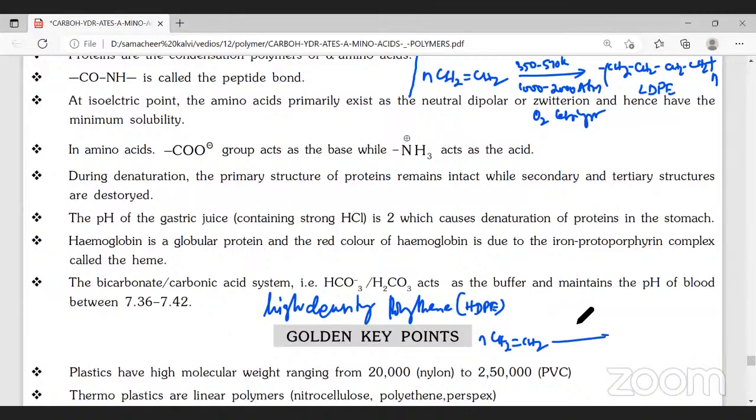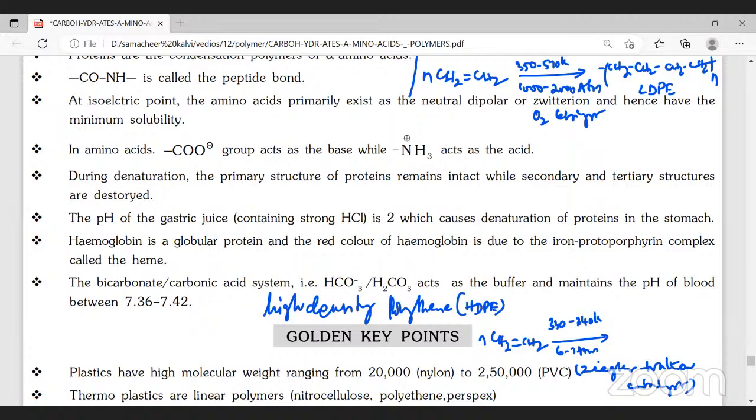When we heat it at 330 to 340 Kelvin and 6 to 7 atmospheric pressure, in the presence of Ziegler-Natta catalyst. Ziegler-Natta catalyst, Z-I-E-G-L-E-R, Ziegler, N-A-T-T-A, Natta catalyst. They can ask you what is Ziegler-Natta catalyst.